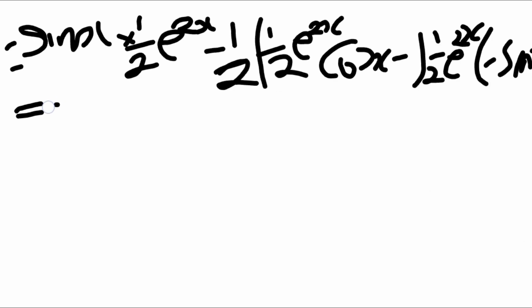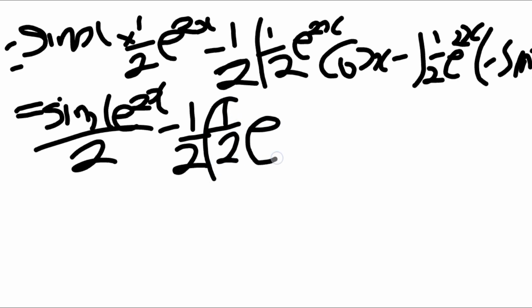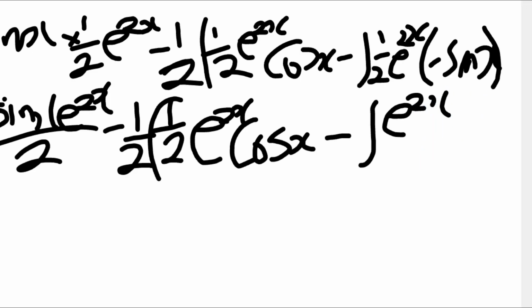It's going to be equal to sine x e raised to the power of 2x over 2 minus 1 over 2. We're still going to keep in the brackets. So 1 over 2 e raised to the power of 2x cosine x minus, so it's going to be minus the integral of e raised to the power of 2x sine x.